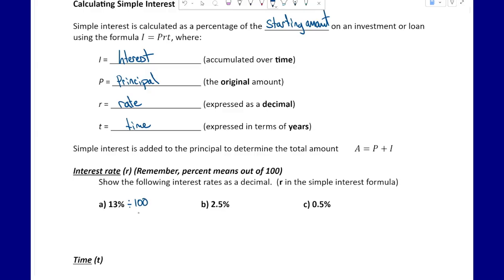So I take 13% divided by 100, and I get 0.13. Same thing with the next one, I get 0.025. And then the last one, 0.5%, is 0.005. Right, so to find the decimal version of the percent, we just divide it by 100.